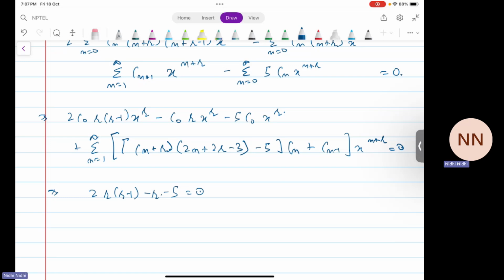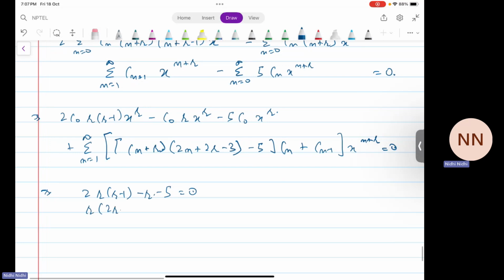This is 2r square minus 2r minus r, so this is basically r(2r minus 3) minus 5 equals to 0, or I can write it directly. So this is a quadratic equation in r. This is 2r square minus 3r minus 5 equals to 0.